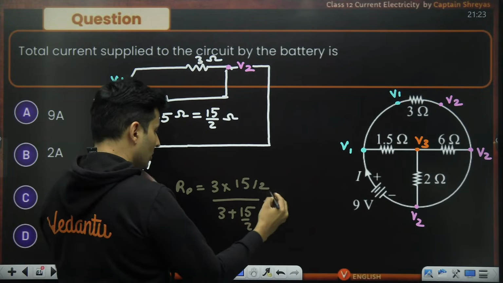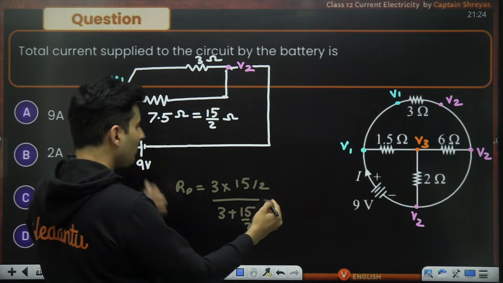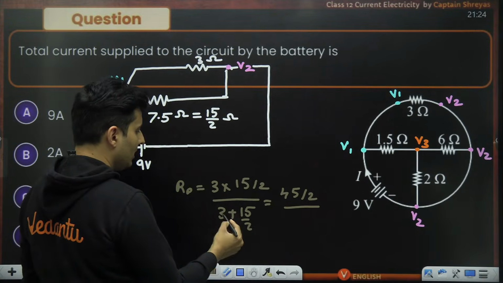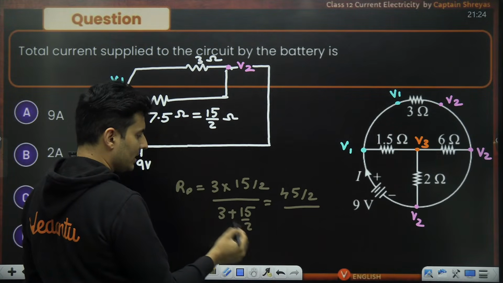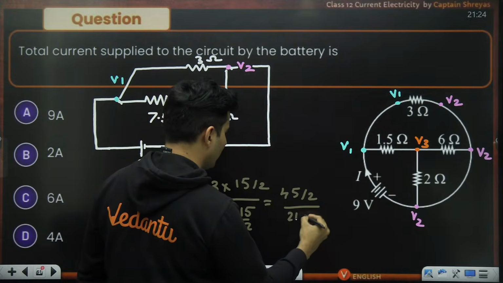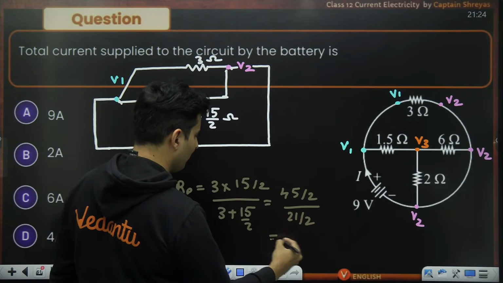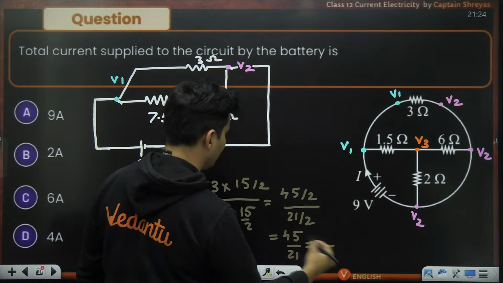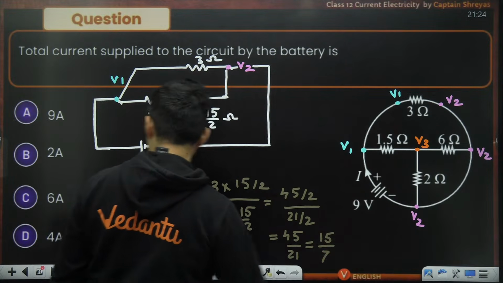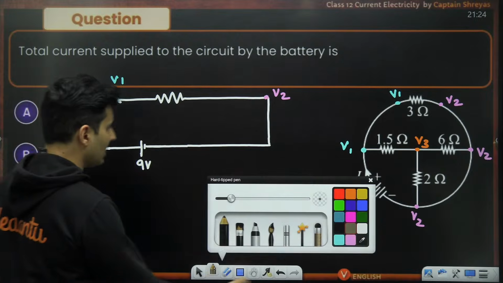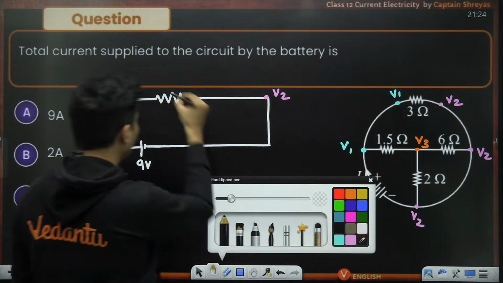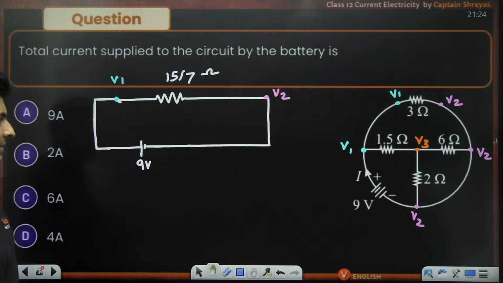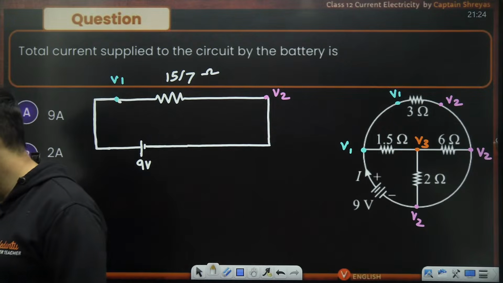So this is 15 3s are 45 by 2, whole thing divided by 3 2s are 6, 6 plus 15, that is 21 by 2. 2 cancels, 45 by 21. Divided by 3, that is 15 by 7. So this equivalent resistance will be nothing but 15 by 7 ohms. Everyone understood till this point?